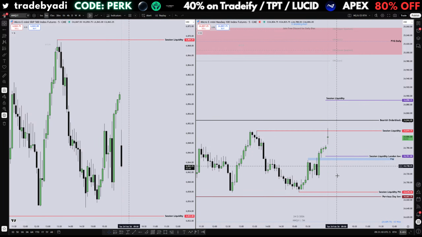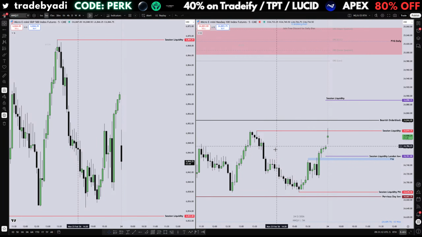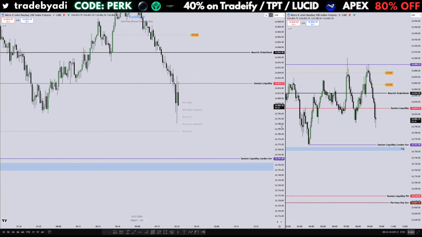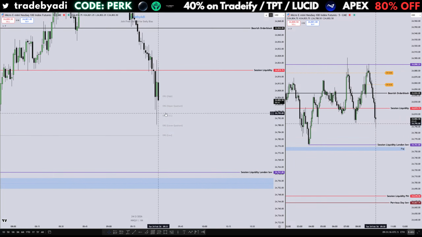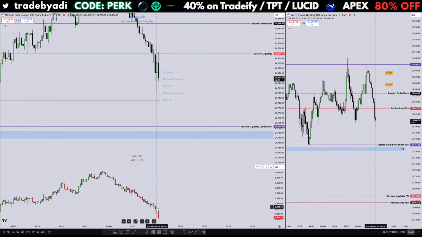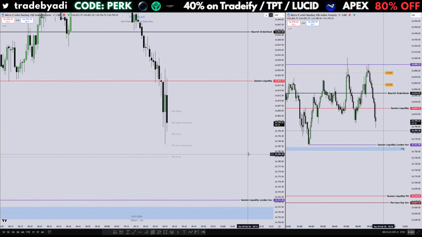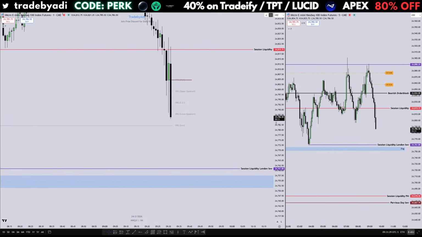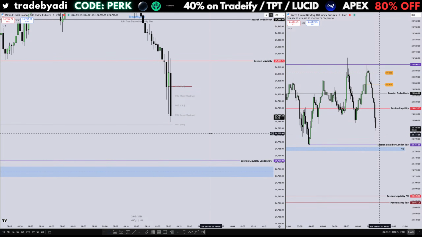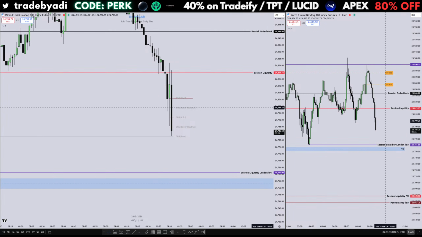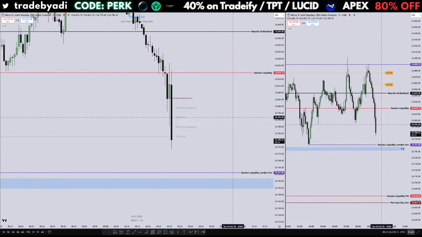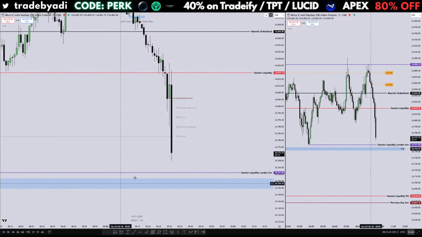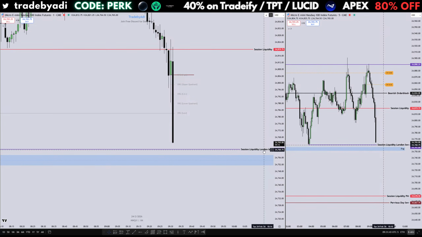So if we see some kind of bearishness, we are looking for the bearish move. Yeah, it is going to go for the London.